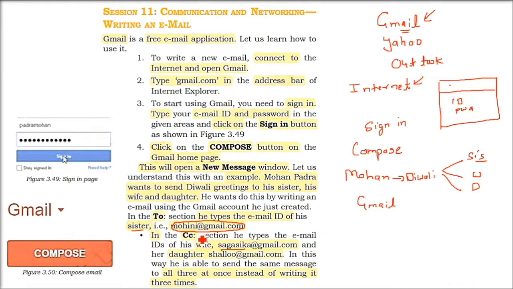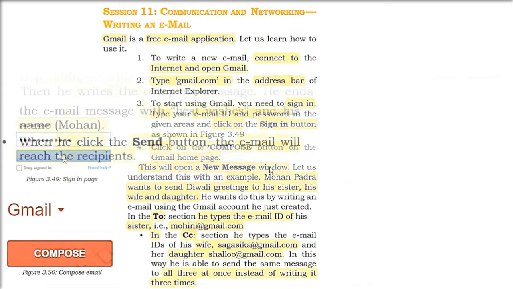We will take some random email accounts which we have made already. So the 3 people will be receiving it. The beauty of emailing is you can send the same email to multiple people at the same time.